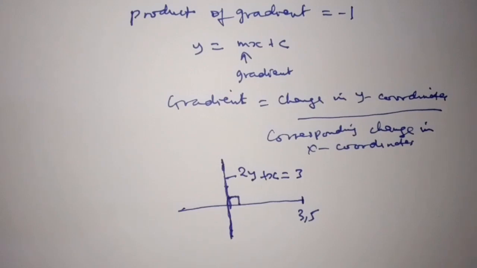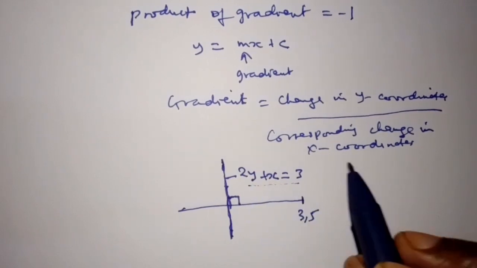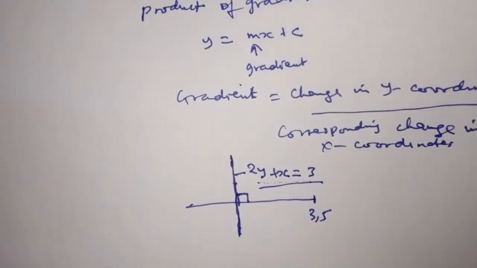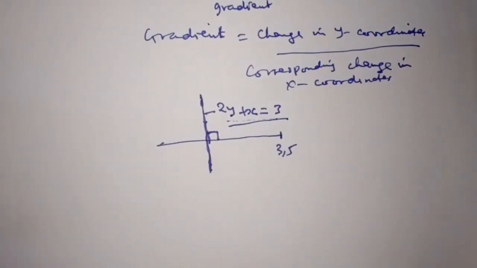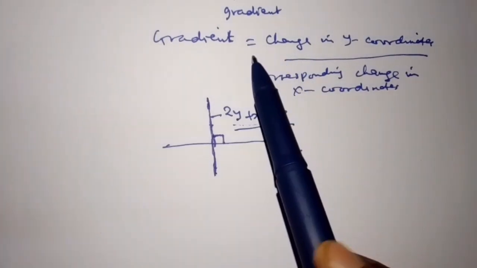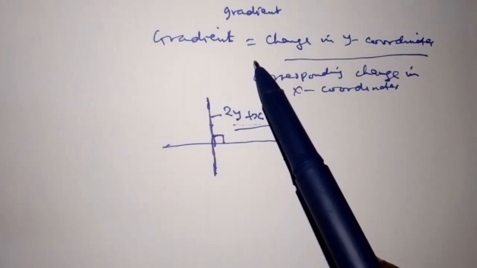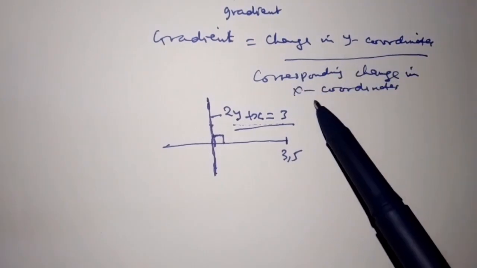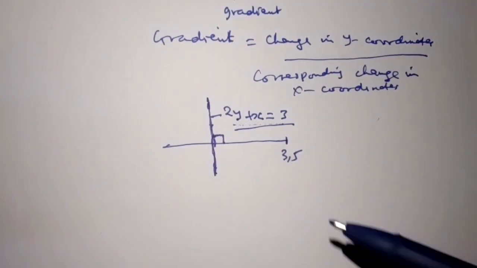So now, first of all, we want to find the gradient of this line. We find the gradient of this line by using this formula here: change in y coordinates over corresponding change in x coordinates.